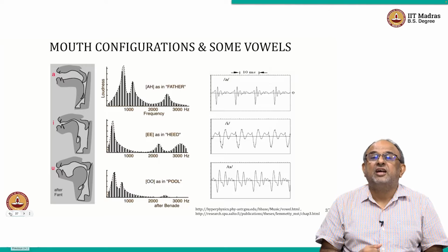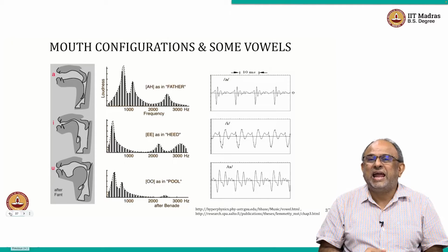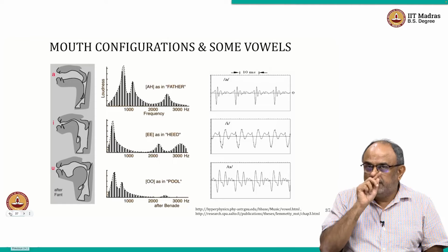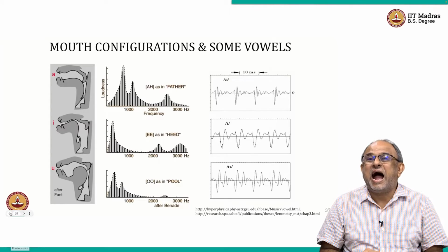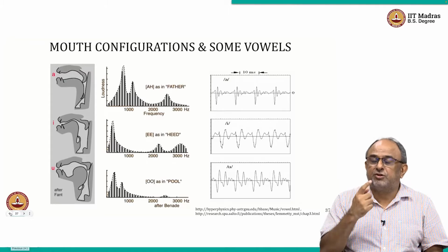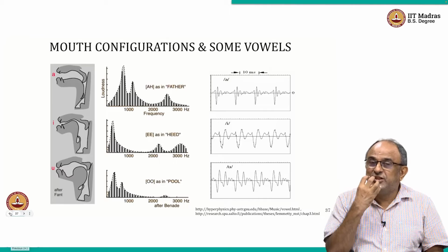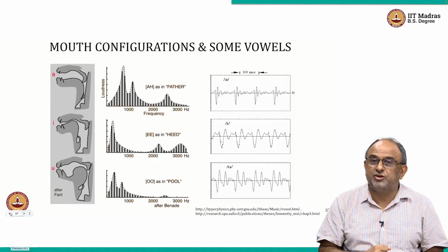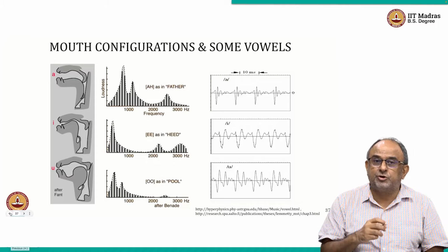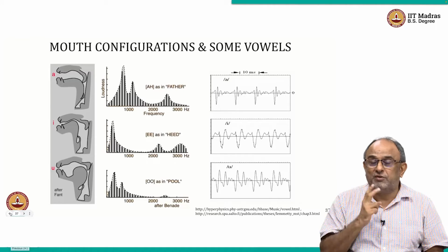In my mouth, if you look at the tongue, it's in the middle, towards the front of the mouth. When I say ah, it's actually at the back. If you say it slowly, you can see where the tongue is. Everything is a slightly different configuration, and therefore the frequencies it produces are also different. So these are two different sounds. There are two vowels when you speak.